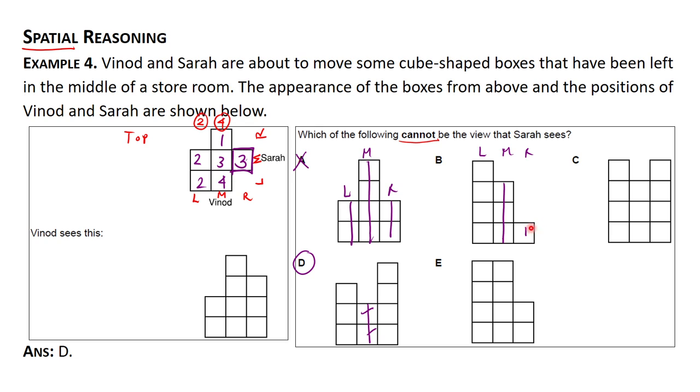And on the right, the maximum should be 1. That's correct. So this is a possible scenario. If this happens, then Vinod's and Sarah's requirements are attained. So option B is possible, so it is not the answer. So convince yourself that options C and E are also not possible.